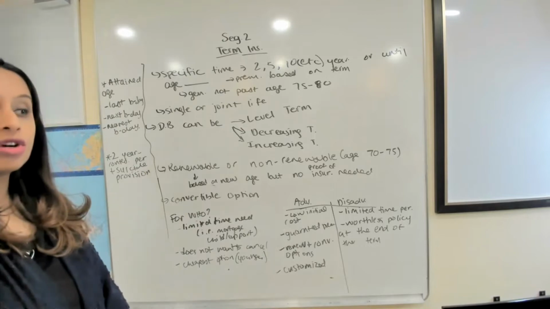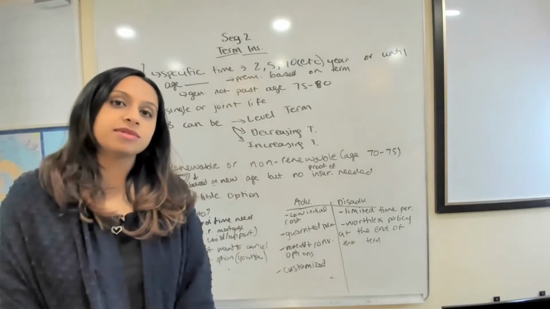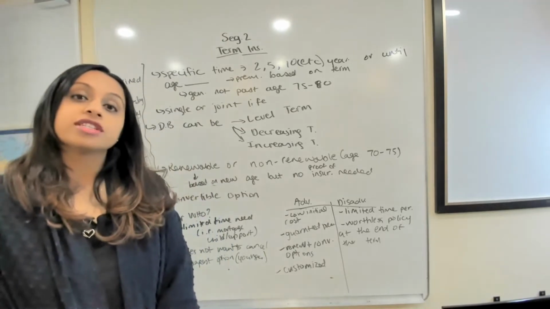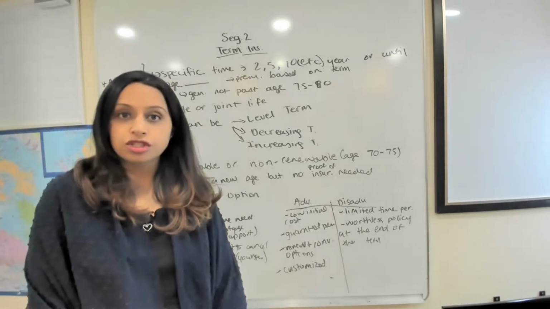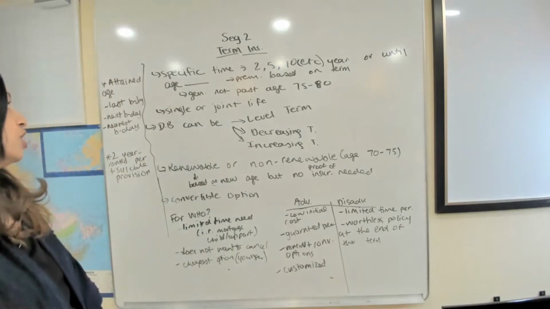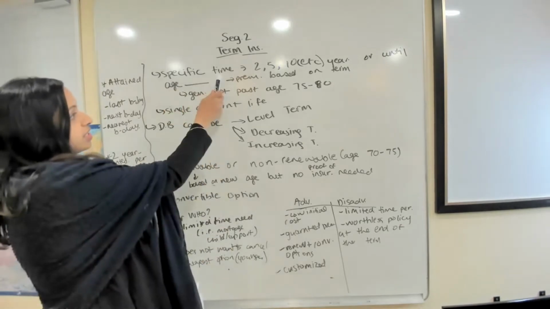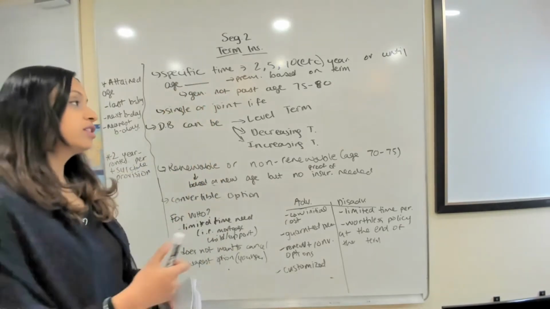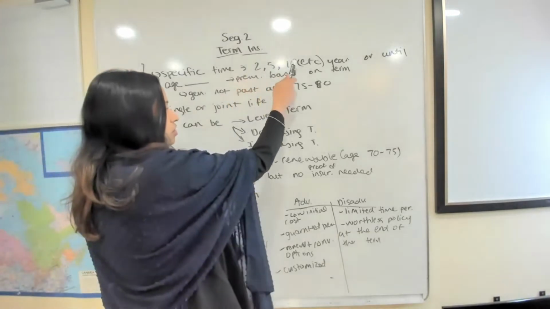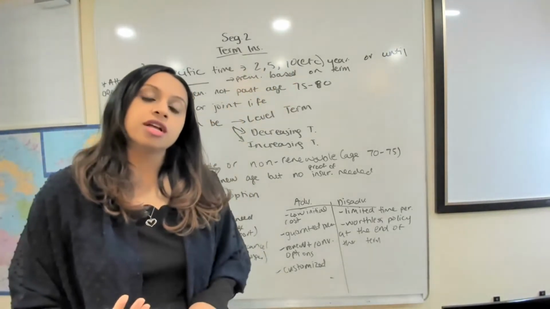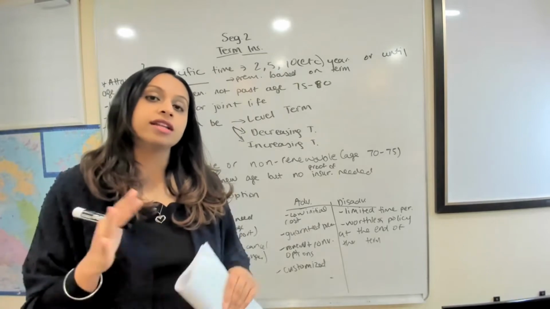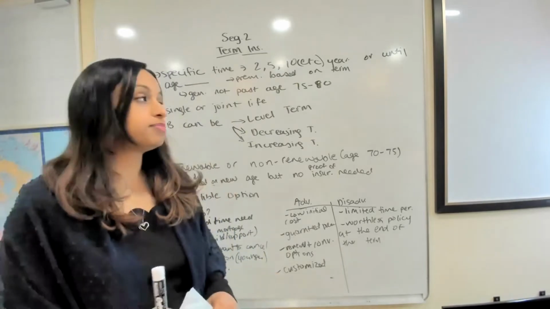So when we're looking at term insurance, just as the name states, this is for a specific term, right? So this is different than the typical insurance products that people might think of. So it has a specific time. You can set it if you want it to be for 2 years, 5 years, 10 years, etc. Based on the need of the individual, they can say, okay, I need this insurance only for this time.